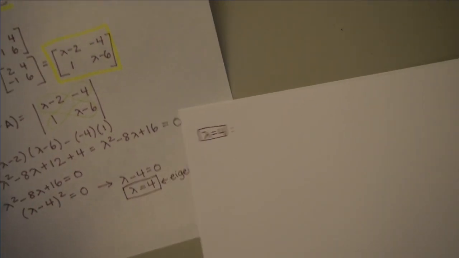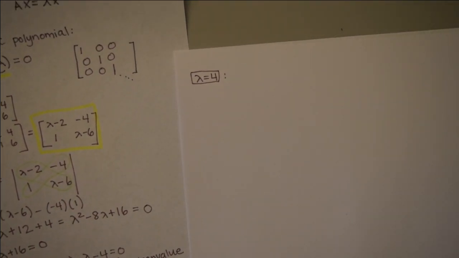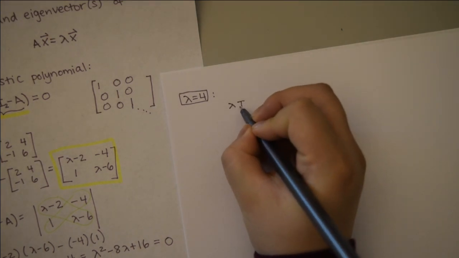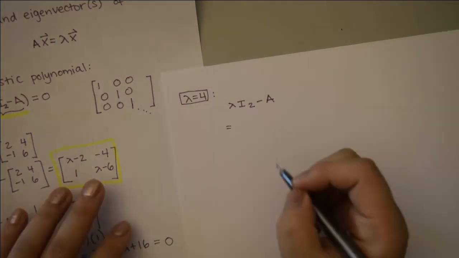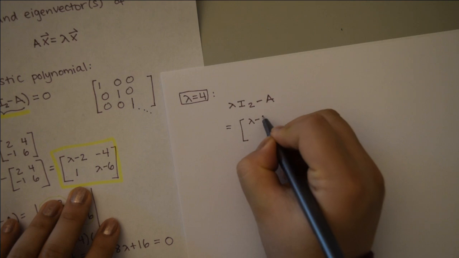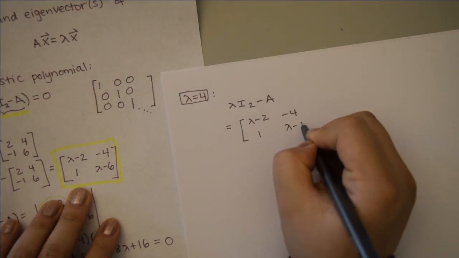So what I'll do is, there are a few ways to do this actually, but I'll go back to my lambda I2 minus A. So that was this matrix, lambda minus 2, negative 4, 1, and lambda minus 6.